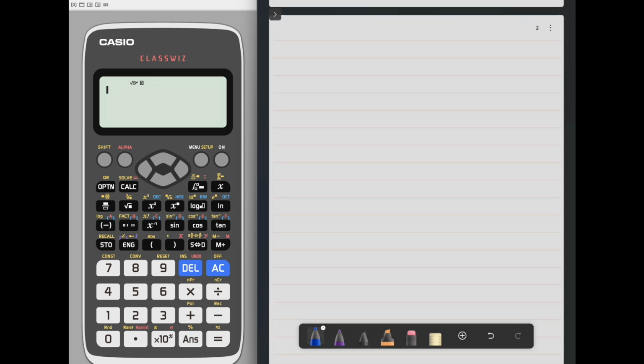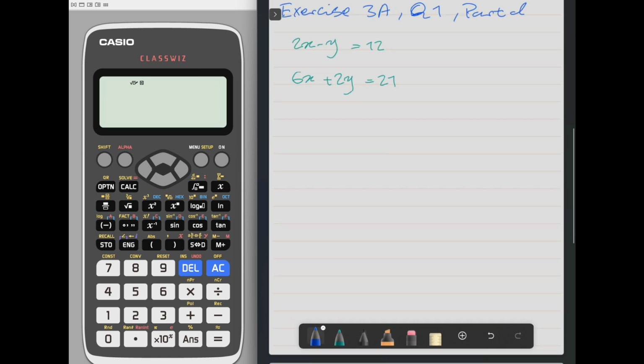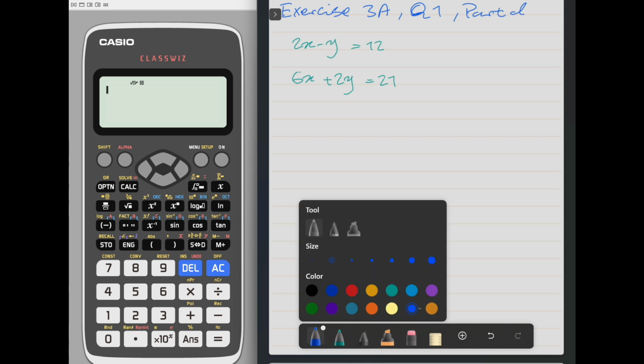This is from exercise 3A, question 1, part D, where it wants us to solve the simultaneous equation 2x minus y equal to 12, 6x plus 2y equal to 21. Well, guys, I'm gonna solve this in 2 methods, one for elimination and one for substitution, so you can use whichever you want.